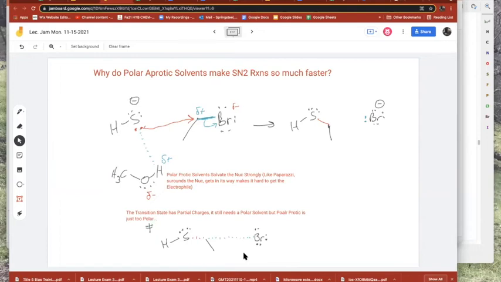What's the charge on this sulfur? It starts off -1. It's almost a full product. What do you think the fractional charge is on sulfur? -1/4. It's almost to 0, it's 0 on the product side, so it's almost there.